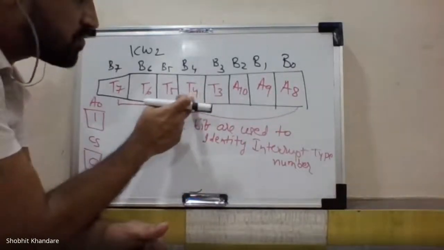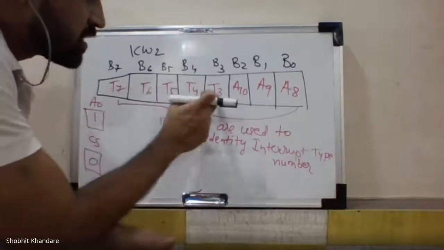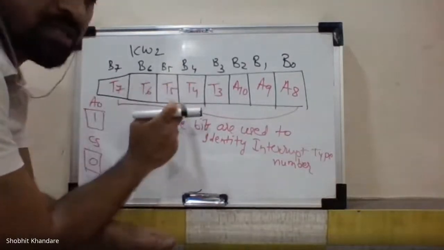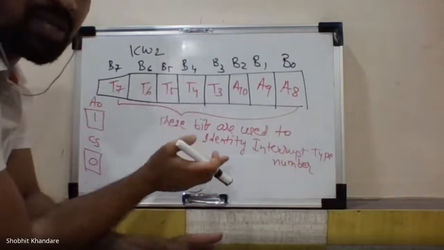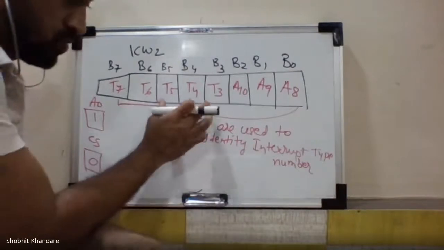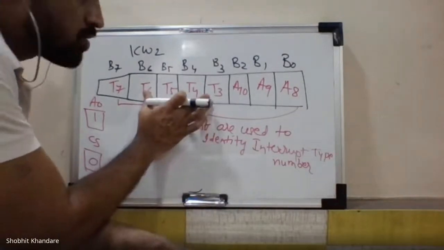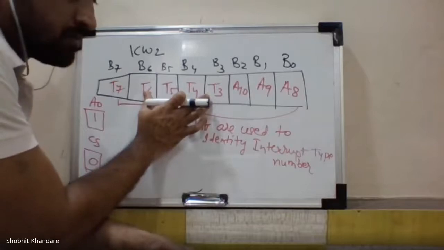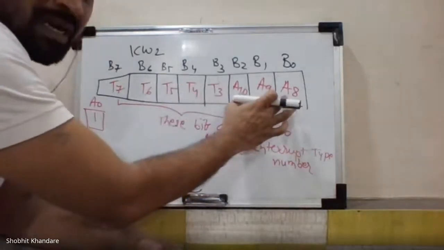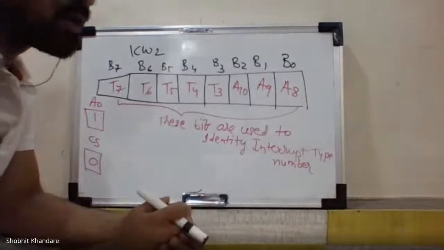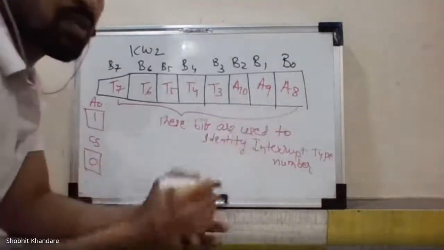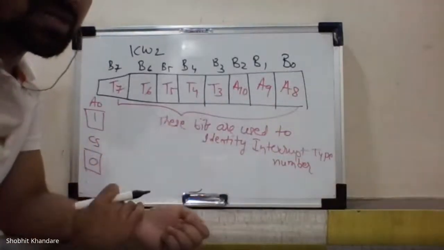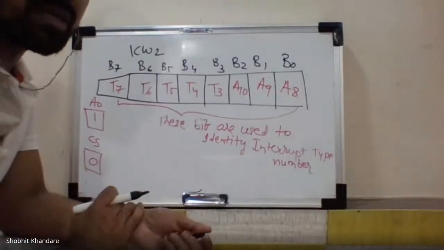And T3, T4, T5, T6, T7, these are the 5 bits which are programmable. Okay. So what do you mean by programmable? And what do you mean by inserted by 8259? Now, when you talk about these 3 bits, they are inserted by your 8259.